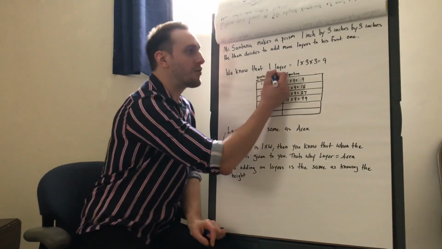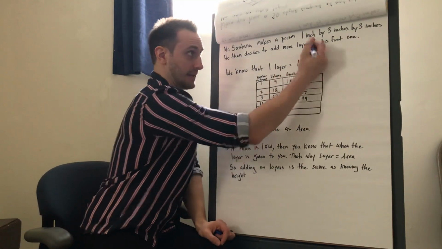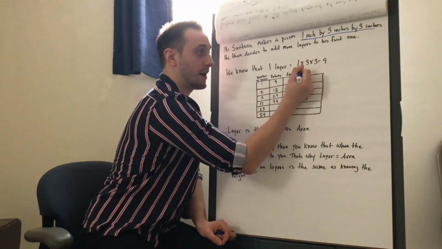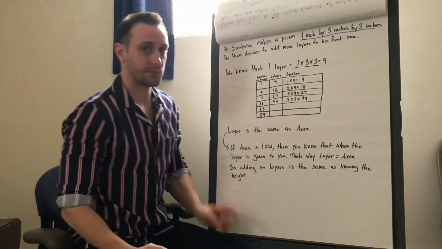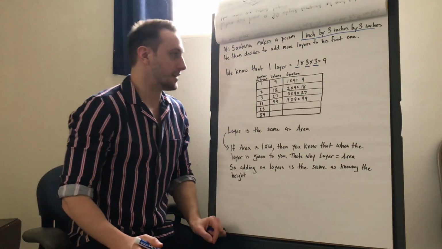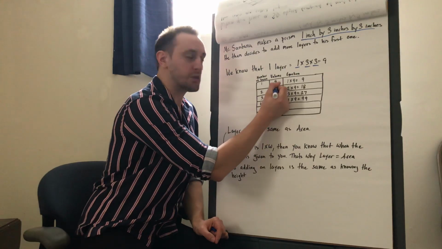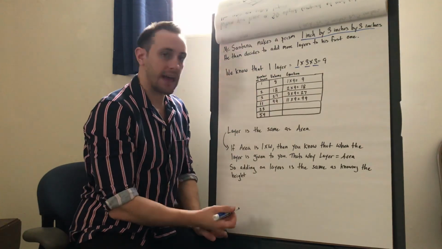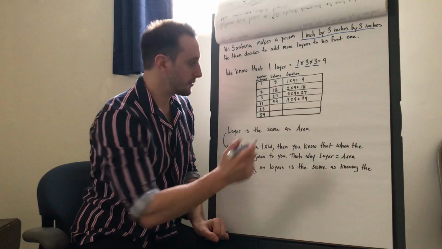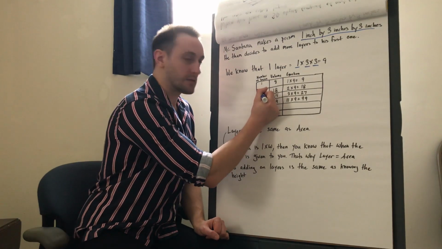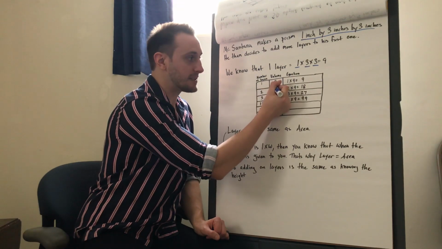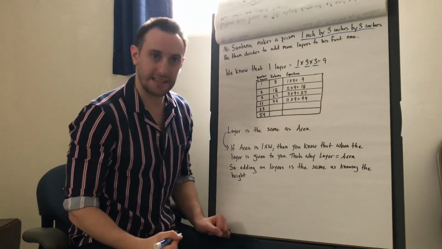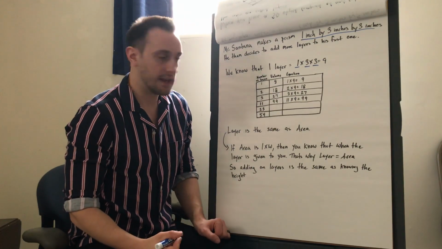So if we know that 1 layer is 1 times 3 times 3, which is 9, so one layer has a volume of 9. Then if he wants to add another layer, it would be 2 layers times 9, which is going to be 18.